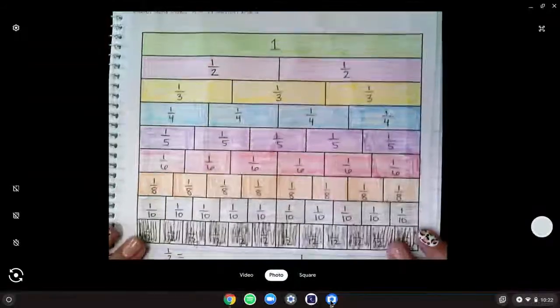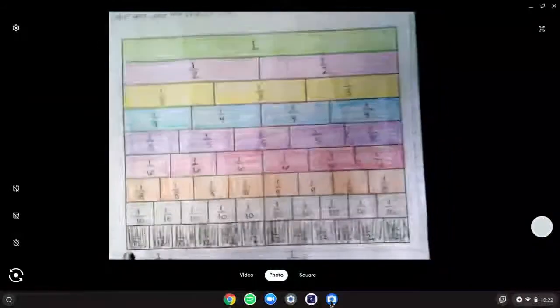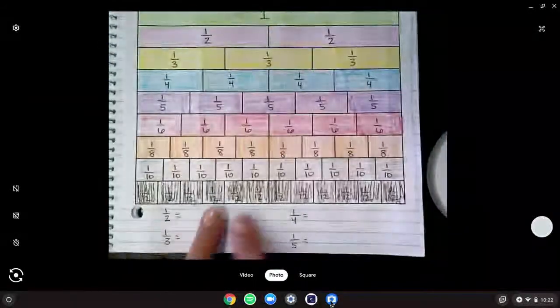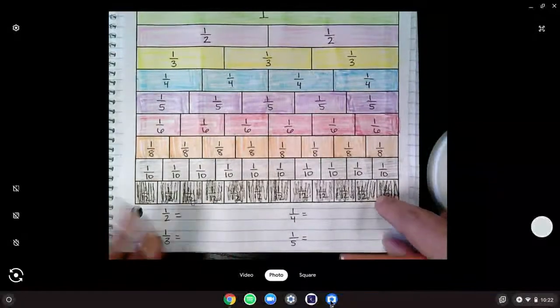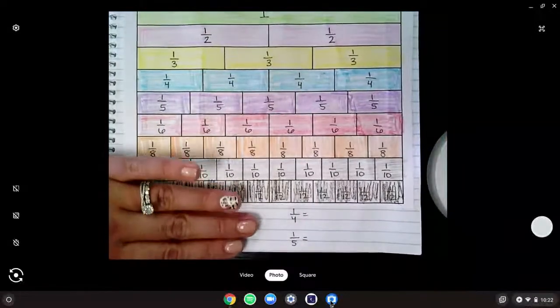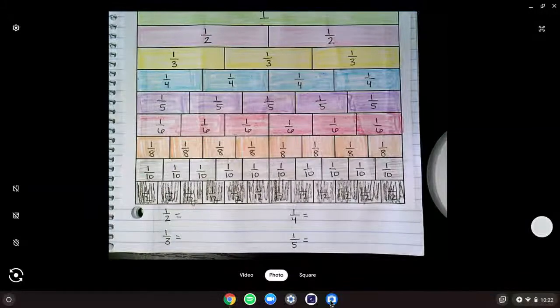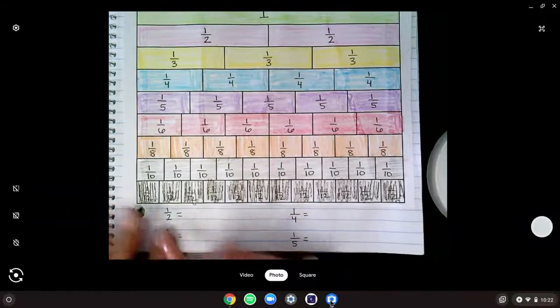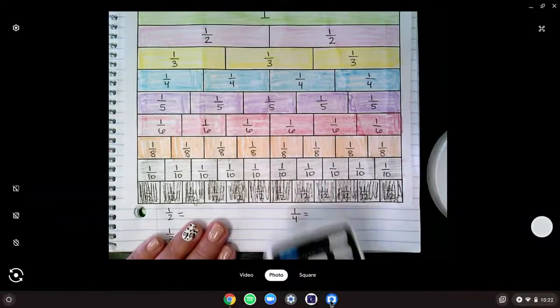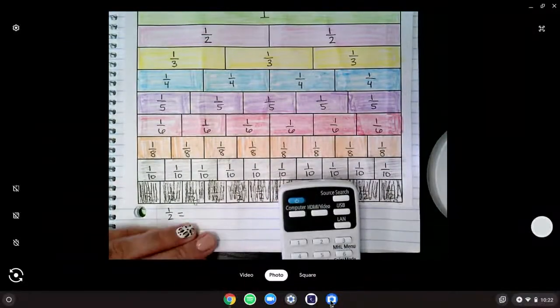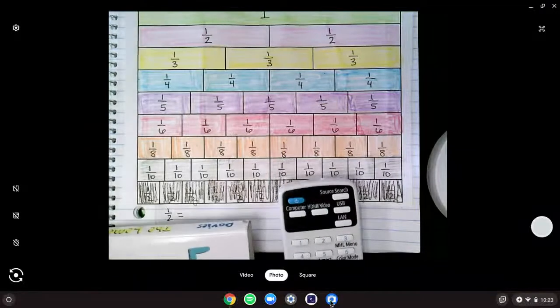So underneath your chart, or if you have room on the backside or the next page, you don't need a lot of room. I just use like probably 3 fingers on the bottom or 2 fingers on the bottom. Let's start by writing just 1/2. Cover up those other ones so I can't get sneakers like I know a lot of you do.